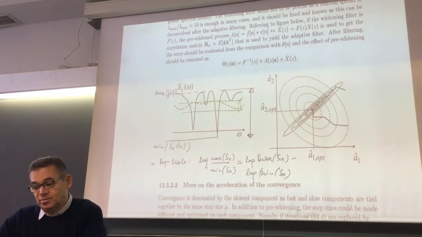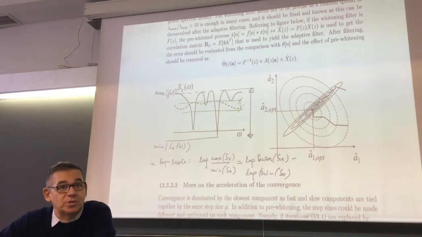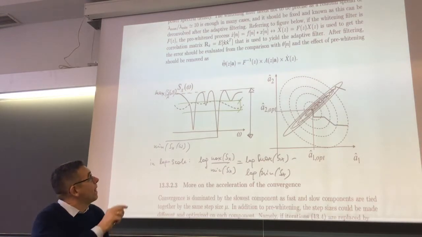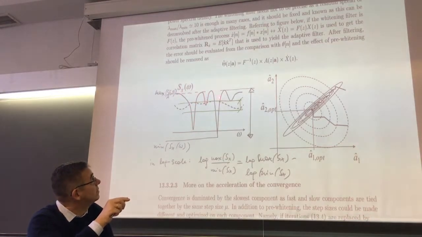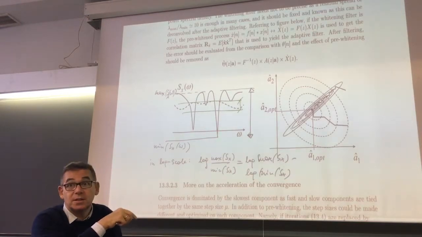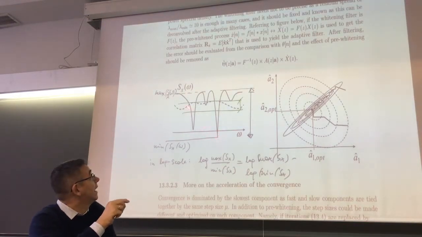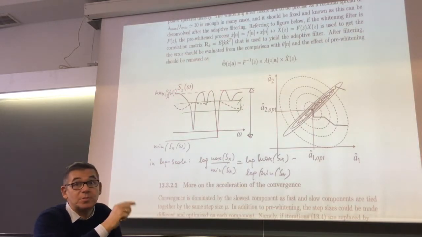So, now, question to you. Now I'm triggering your intuition, okay? Assume that you start with a power spectral density that is like this. Unfortunately, this minimum is a disaster because this minimum and this maximum create an eigenvalue dispersion that is too big.